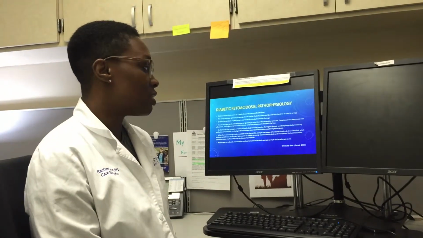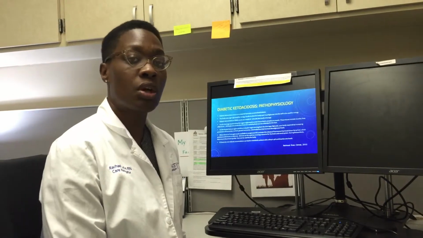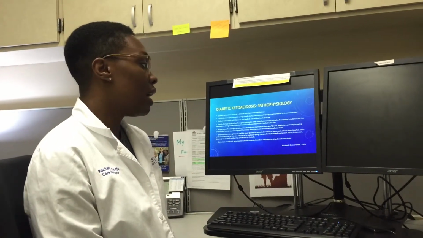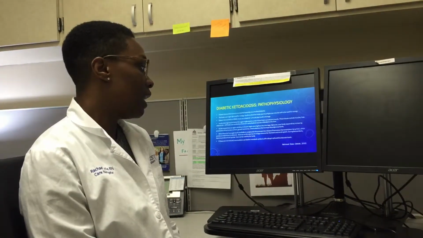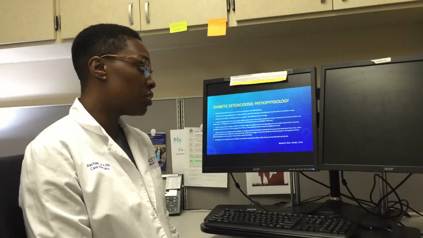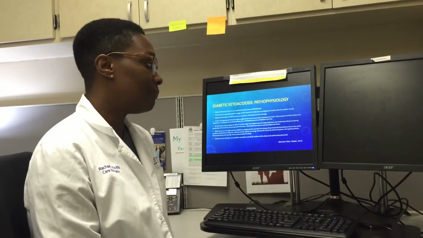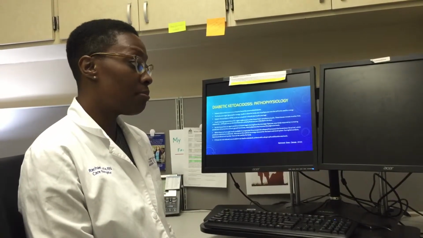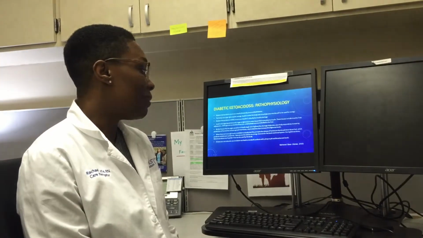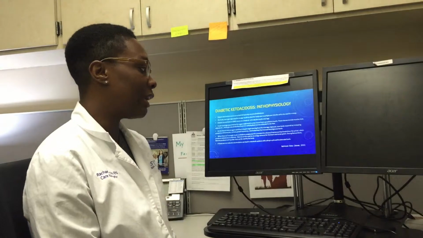Diabetic ketoacidosis, or DKA, occurs as a result of critically low insulin. Insulin shortage equals failure for glucose to enter the tissues that are sensitive to insulin. These tissues include the muscle, the liver, the adipose tissue, and other very sensitive tissues in our body.